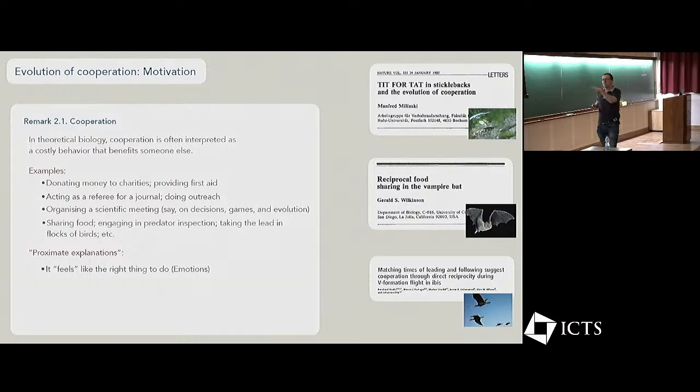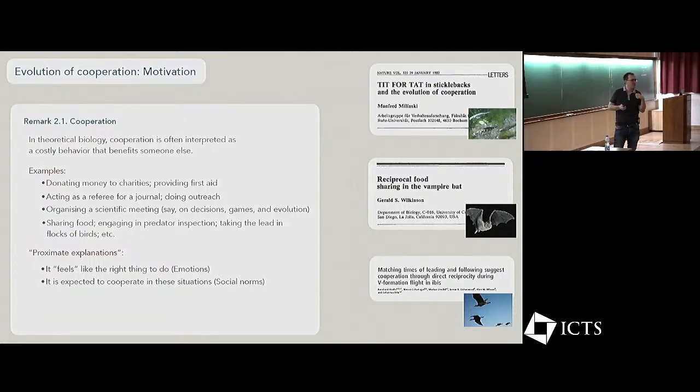And there are at least three proximate explanations why you might actually cooperate. The first one is it just feels good. Sometimes it feels like a nice thing and you want to be a nice person, so therefore you do it. Another explanation, and I'm thinking of the reviewing a paper example here, is that you feel there's some kind of social norm, this is what a proper scientist should do.